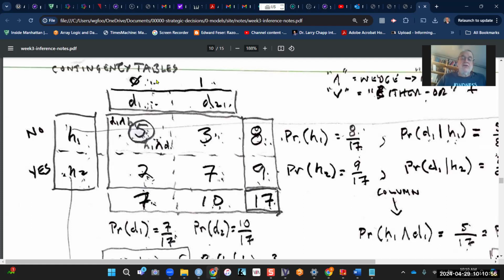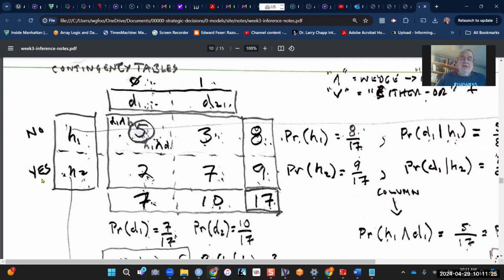Let's go in the other direction. Just look at D1, no predation. Now, D1, 5 times can occur if H1 is true. 2 times we might observe when H2 is not, that's false.